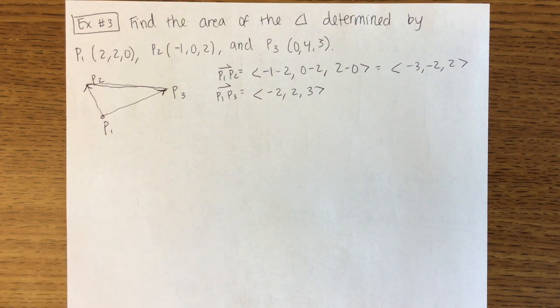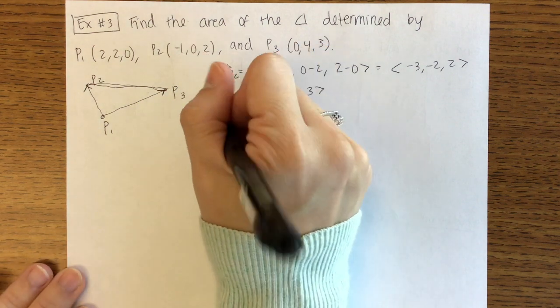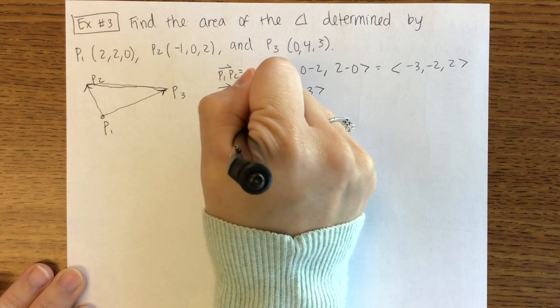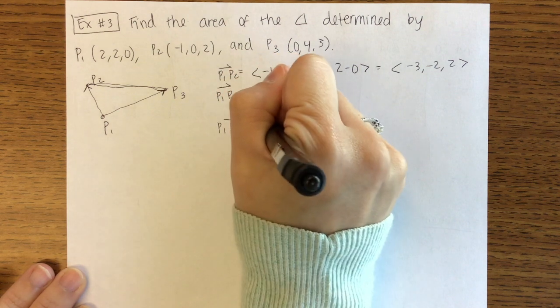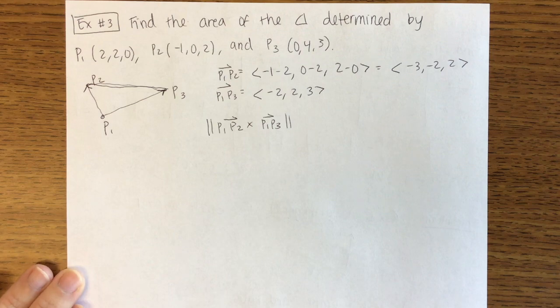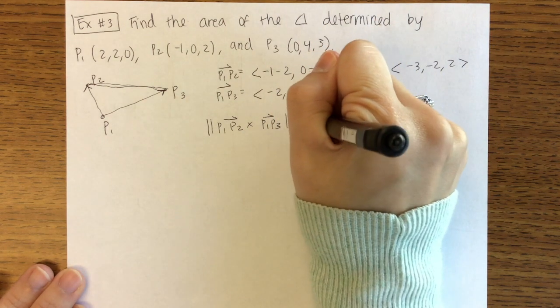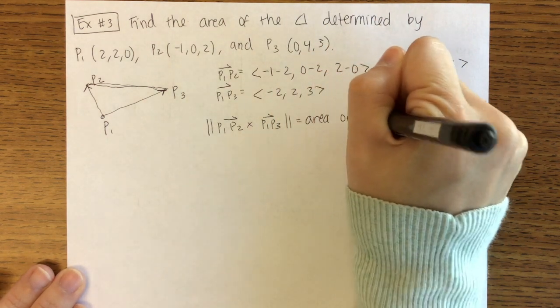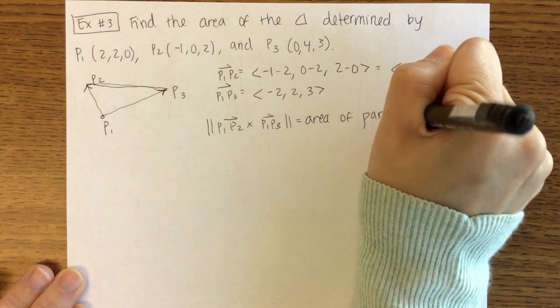Now, the question is, how does that help us? So obviously that's all we're learning in this section is cross product, so we know we're going to have to take the cross product probably. Now, if you remember, if I take P1, P2, and I cross it with P1, P3, and then I take the norm, what that does is it gives us the area of the parallelogram that's formed.